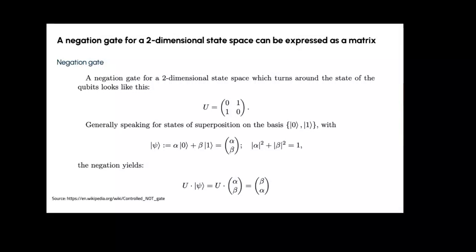So this should be clear to you. Your vector 0 is (1, 0). If you multiply, I do this very slowly.